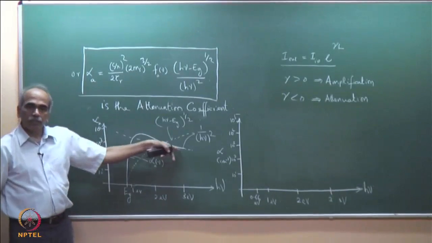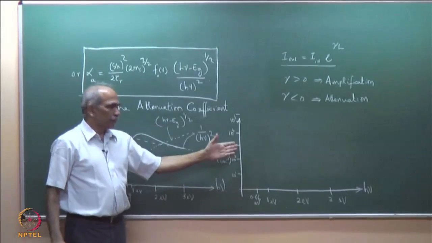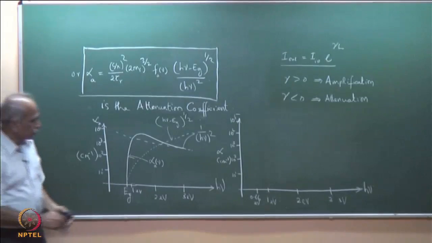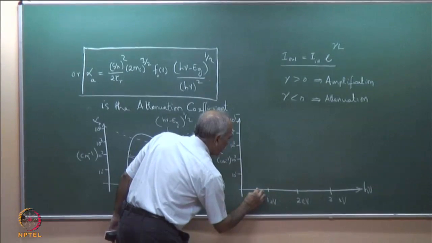This number is typical of gallium arsenide that I have plotted. So, typical numbers are 10 to the power of 2, 10 to the power 3, 10 to the power 4, 10 to the power 5 and so on.